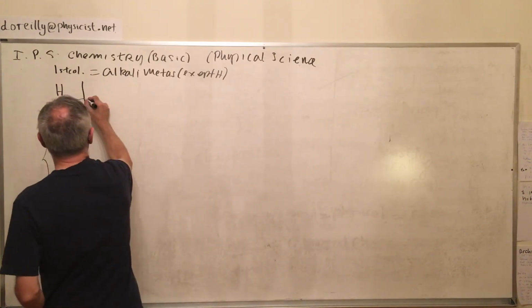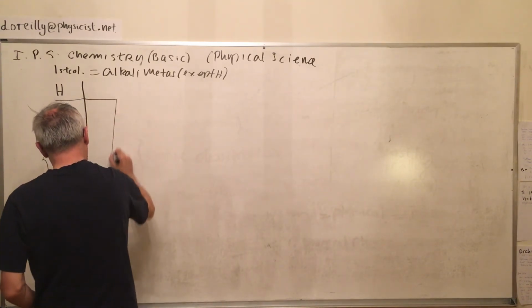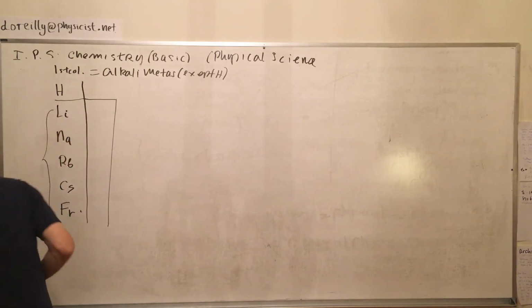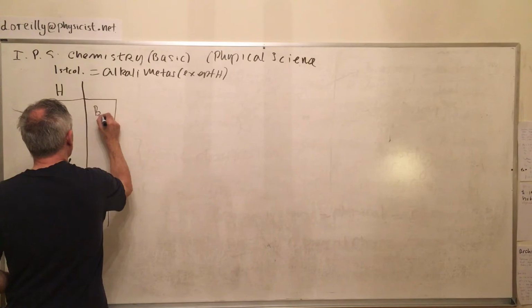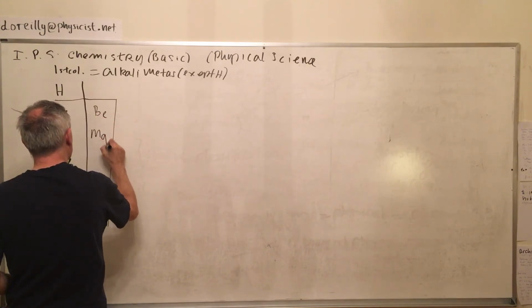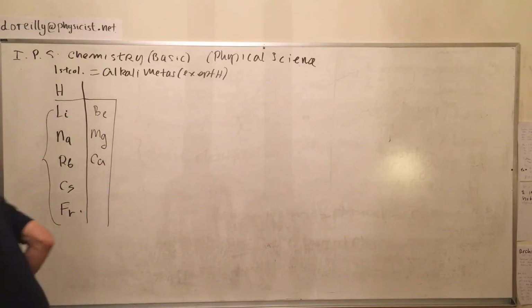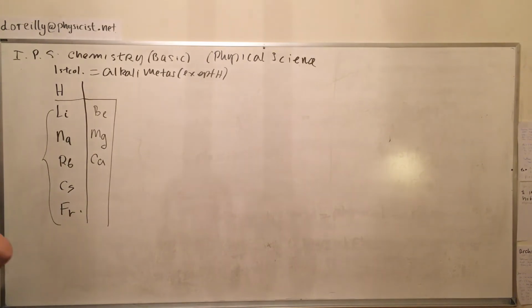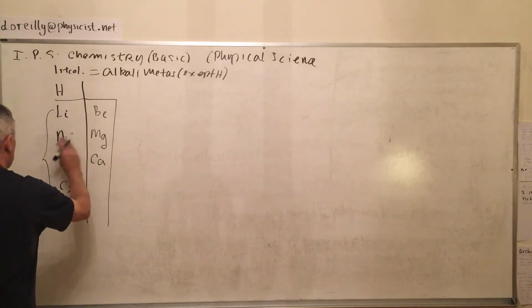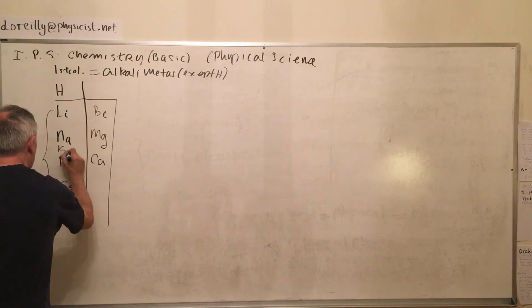Now the next column in, magnesium, I forget now. No, I put it out of order. Because lithium, sodium, potassium, that's why. There should be a K in here.